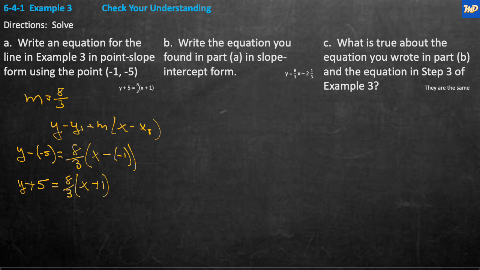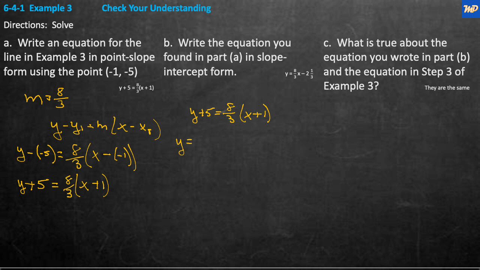So now they want us to find the equation in slope-intercept form, right? So what are we going to do? We're going to take this equation and just rewrite it into slope-intercept. I'll do it right here. So I'm going to say y plus 5 is equal to 8/3 times x plus 1. So what do we do? We do two things. We're going to subtract 5 from both sides because we want to get the y by itself. So we'll have y is equal to 8/3.